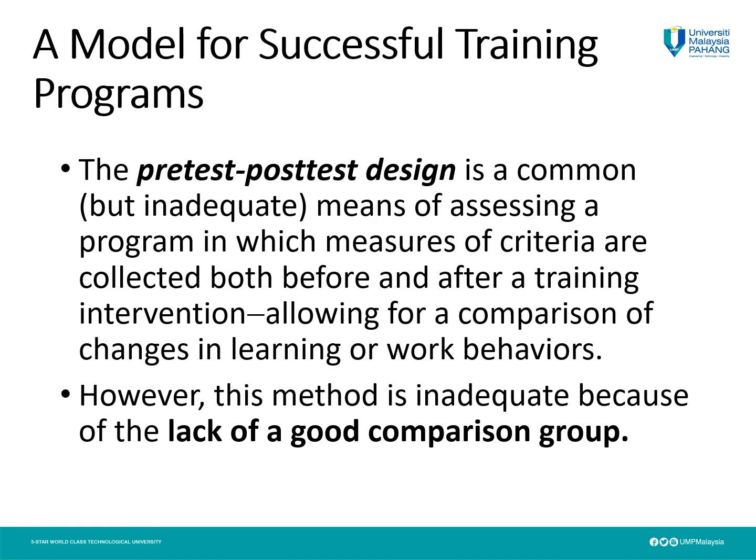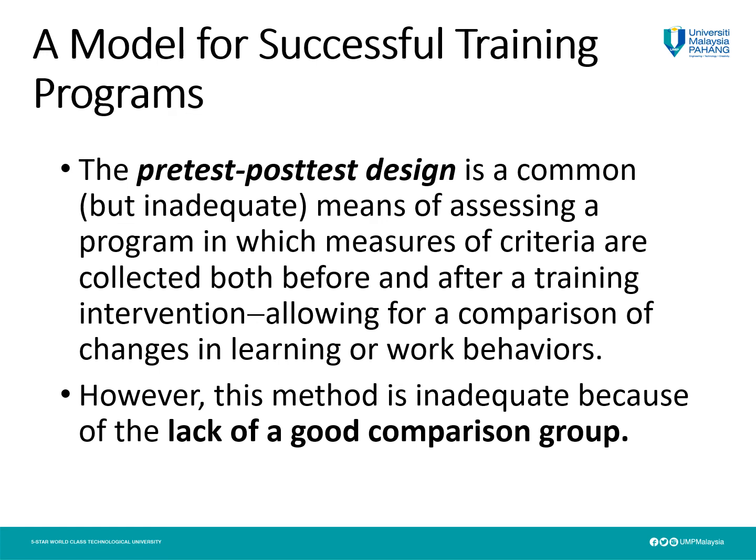So one example is the pre-test, post-test design. This is a common means of assessing a program in which measures of criteria are collected both before and after a training intervention, allowing for a comparison of changes in learning or work behavior. I also explained this a little bit in the beginning.